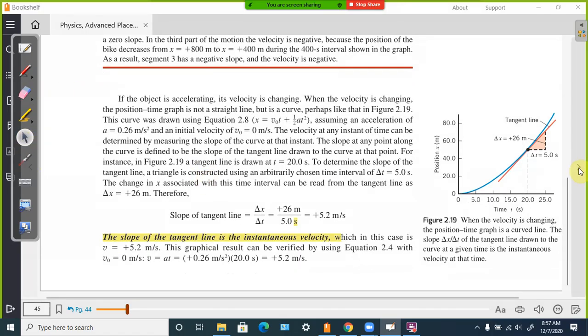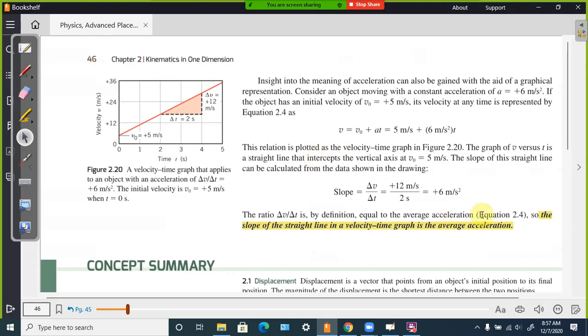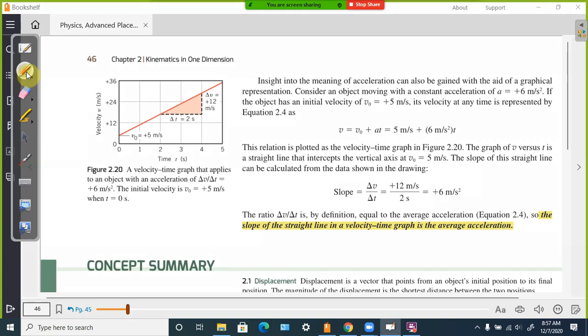Let me move down just a little bit. Then they talk about the slope of the line in the velocity versus time graph being your average acceleration. Well, that only makes sense because, look, a minute ago we were talking about position versus time, and we said that the slope is velocity, then it would only make sense that if I had a velocity versus time graph, that's my average acceleration.